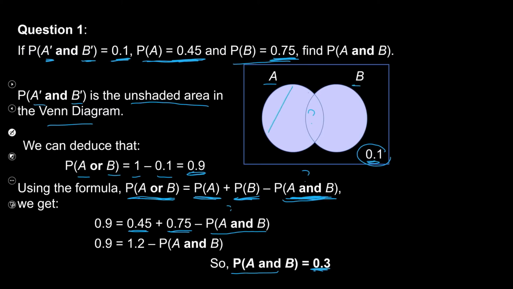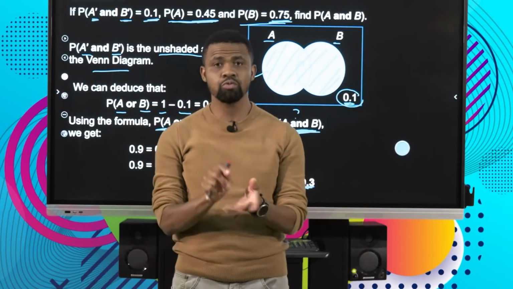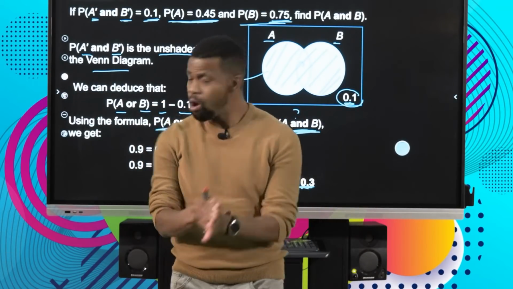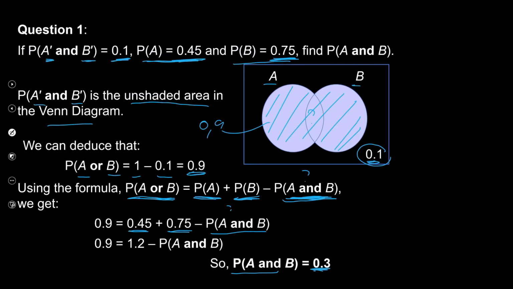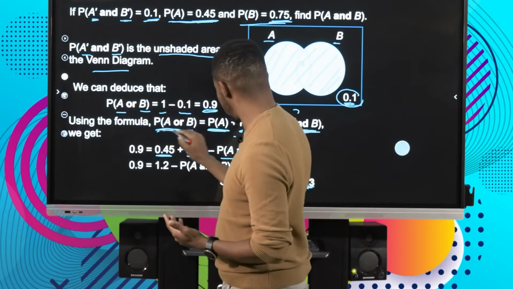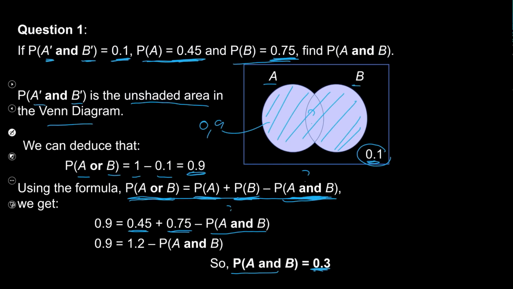Then we knew that this whole thing will be 0.9. That was the key part, because we know that this whole thing will add up to 1. And knowing that this is 0.9, what we could do is use the formula, which is given to us, to calculate the intersection. Are we all together? And we're given 2 more pieces of information.